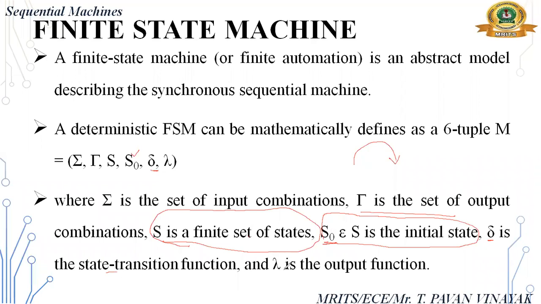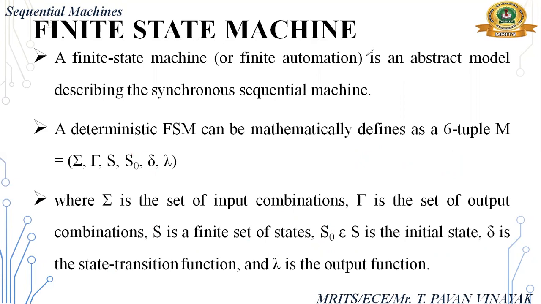And lambda is the final output function. These are the important variables to define a finite state machine: inputs, outputs, output function, transition function delta, initial state, and states.